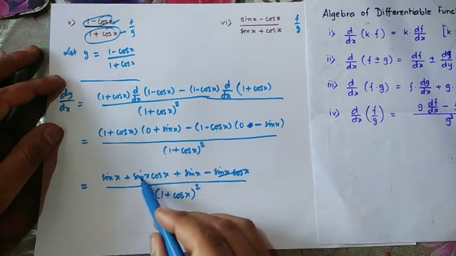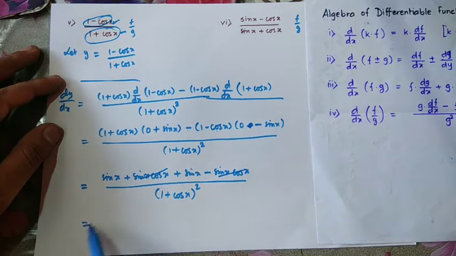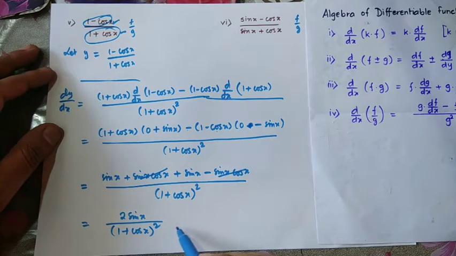Clearly this and this get cancelled out, and we have sin x plus sin x is 2 sin x by 1 plus cos x whole squared. So this is my answer for this particular problem.